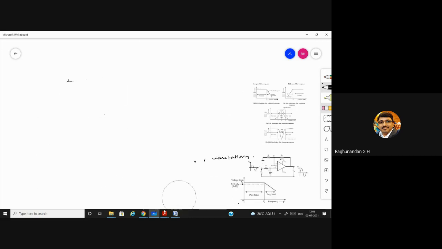After this, this can be asked for 4 marks or 3 marks: list out the differences between active filters and passive filters. And obviously the advantages of active filters over passive filters are, first, as we discussed in the differences, they have gain, and frequency adjustment is possible, and there is no loading problem.